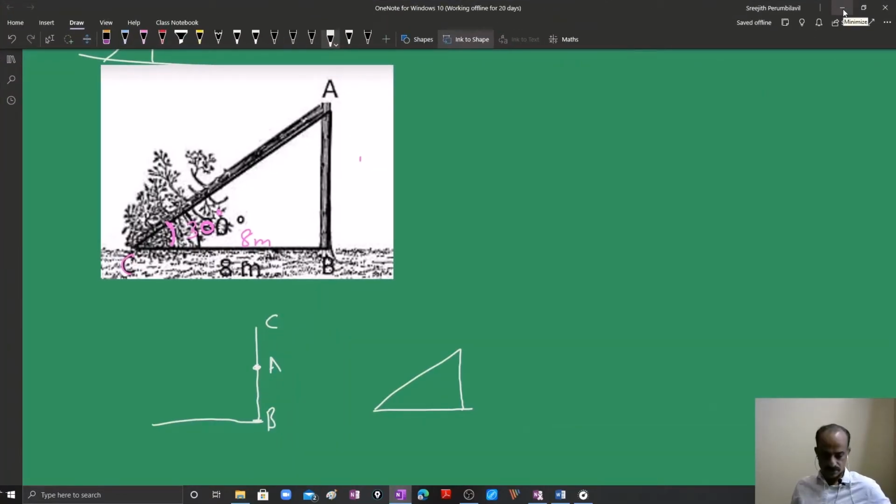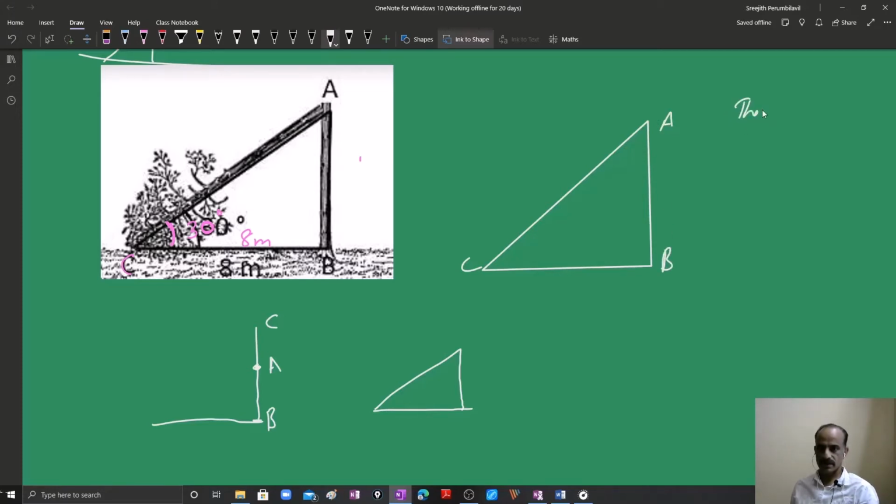That is CAB. The tree BAC is broken at A, and this angle is given to be 30 degrees, and this is 8 meters.